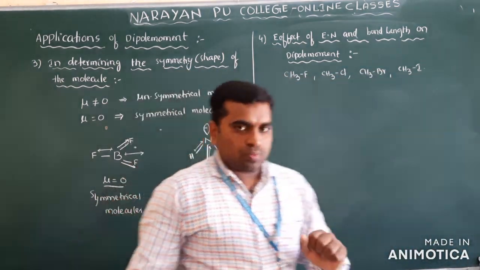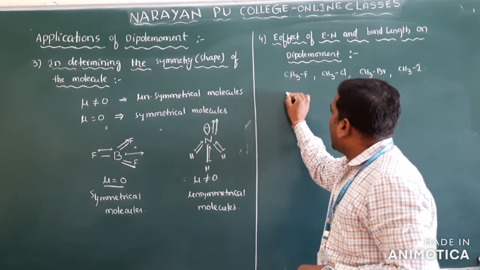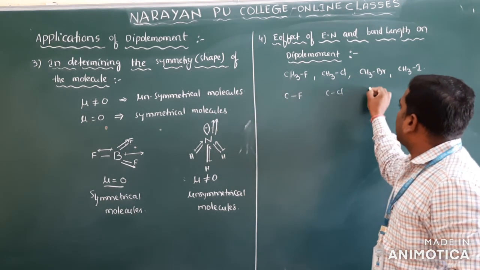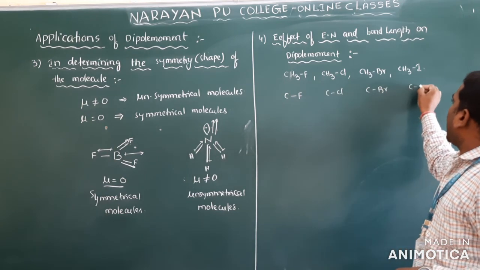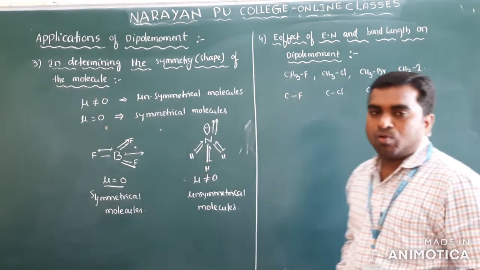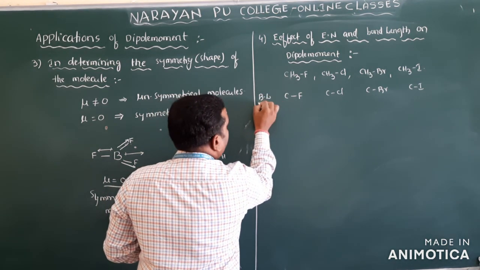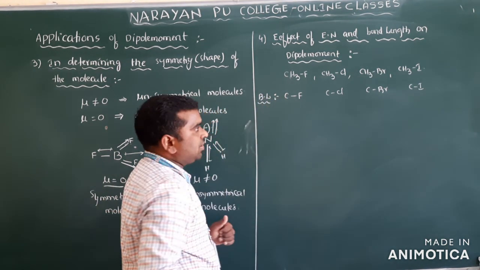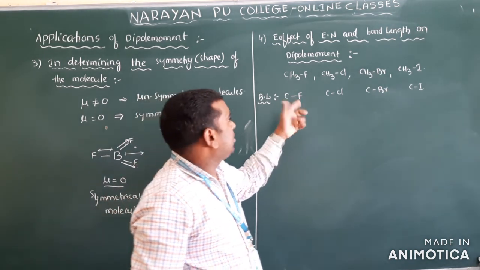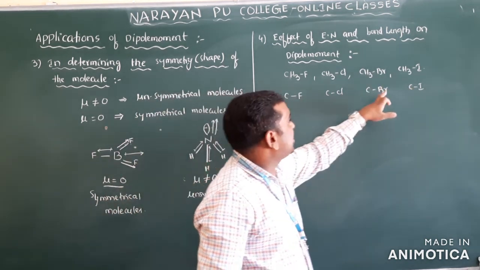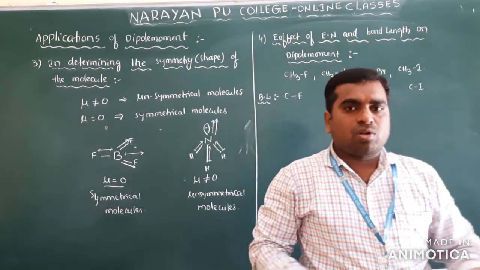So what you have to do? First of all I will write the C-F bond here, and the C-Cl bond, C-Br bond, and C-I bond. What is the bond length R here? In all cases it is carbon, and as the size of the halogen increases, the bond length also increases.